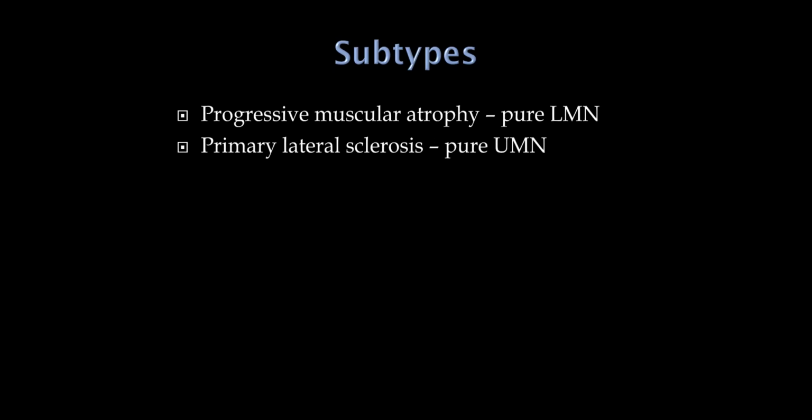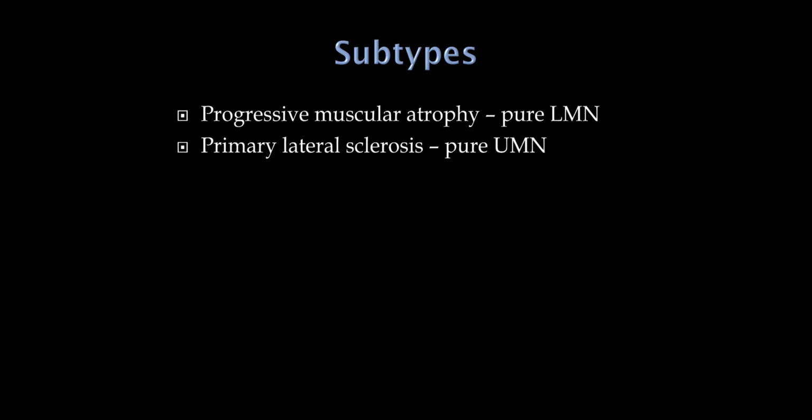Now, motor neuron disease is a spectrum disorder, so some patients will have only lower motor neuron findings throughout the whole course, and that's called progressive muscular atrophy. Some patients will only have upper motor neuron findings throughout their course. They never go on to get the lower motor neuron stuff, and we call that primary lateral sclerosis. Both of these pure variants are much less common than just regular ALS.